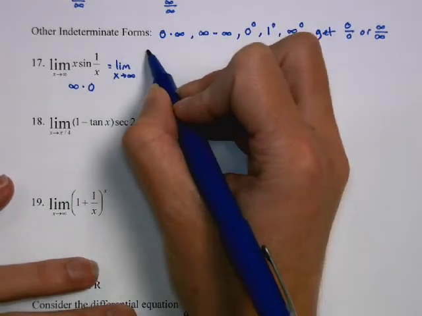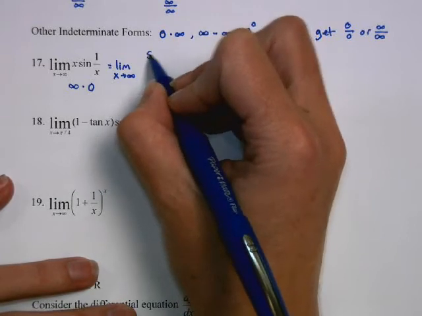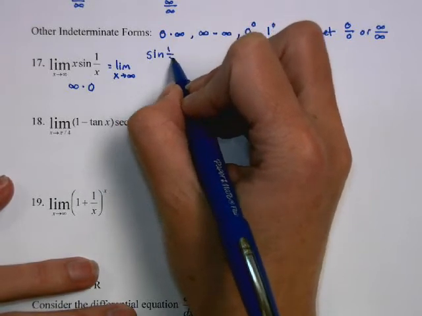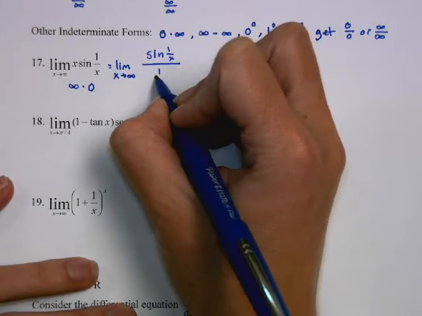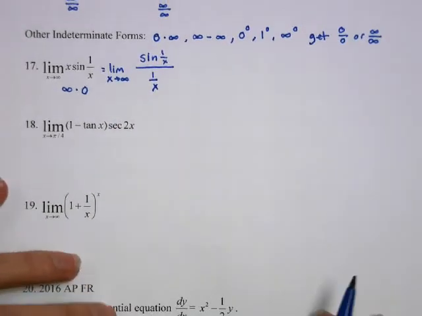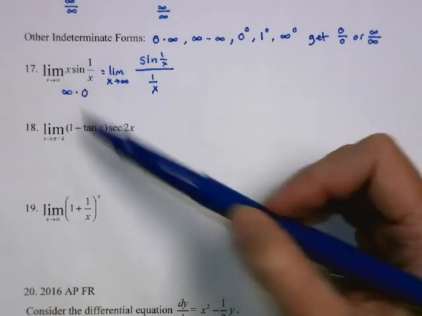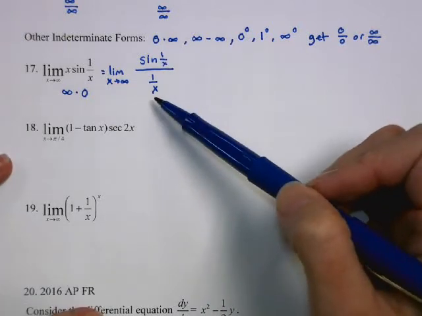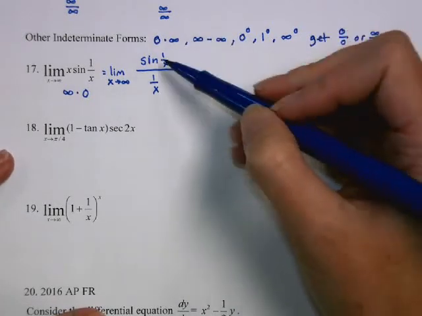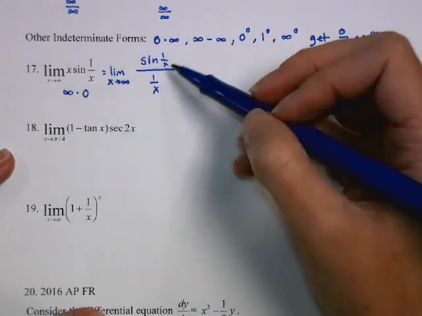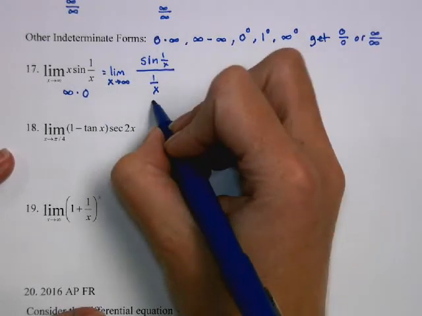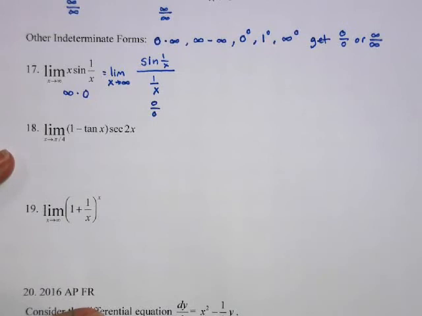So what we're going to do is rewrite this as sine of 1 over x over 1 over x. Okay, I rewrite this x as the reciprocal of itself. This would simplify to this, but this now is 0 over 0, which allows me to use L'Hopital's rule.